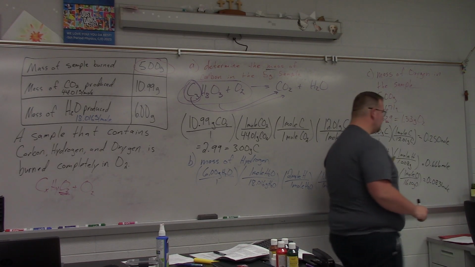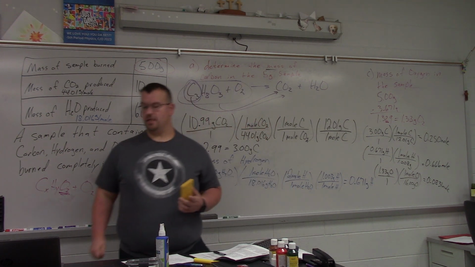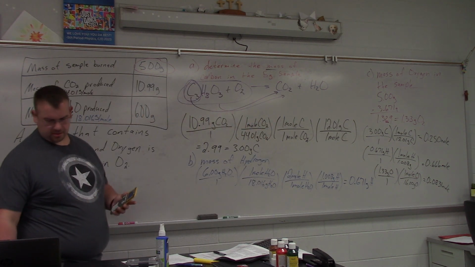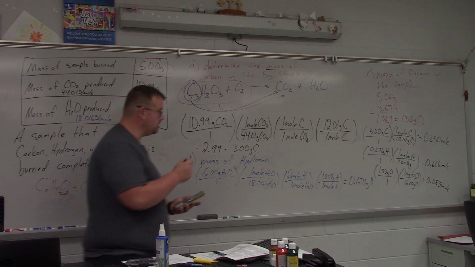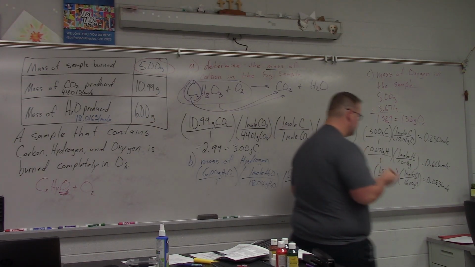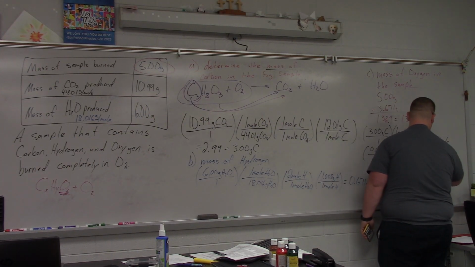Then we're going to divide by the lowest one. So we'll divide by the oxygen. We divide each of those by 0.0831.